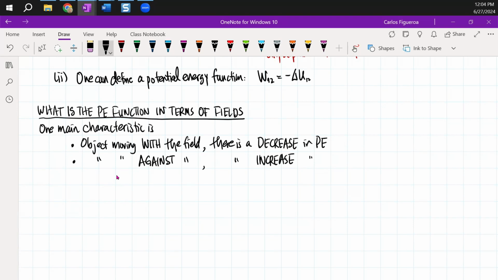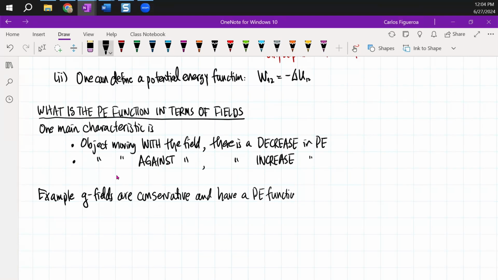Let's look at this as an example. Gravitational fields are conservative and have a potential energy function. In other words, you can define a potential energy function.